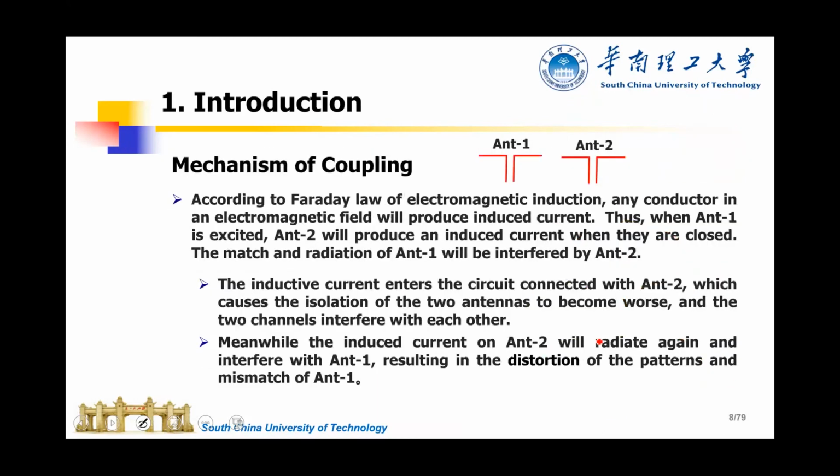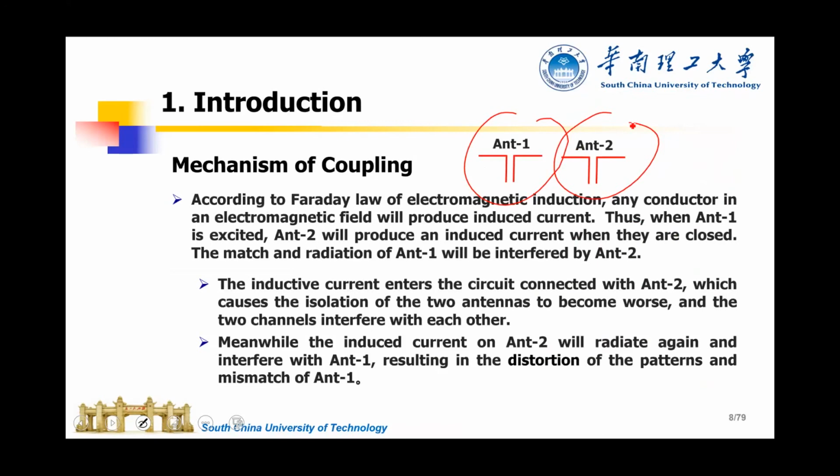First, let's look at the matching and coupling. When two antennas are placed close together, we know that following Faraday's law of electromagnetic induction, any conductor in the EM field will induce a current.